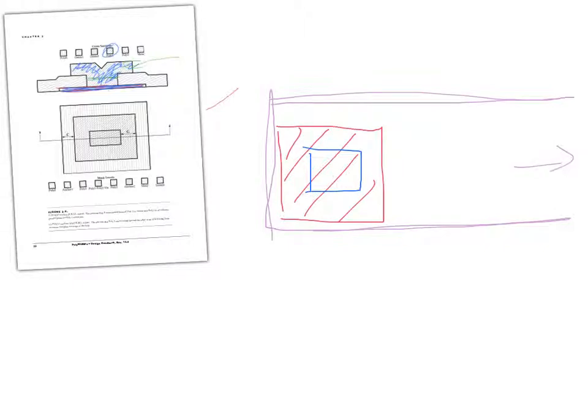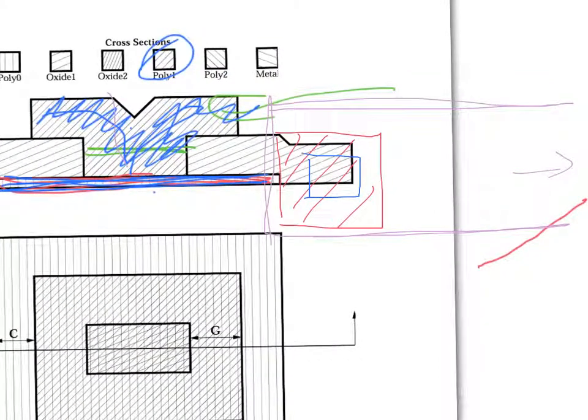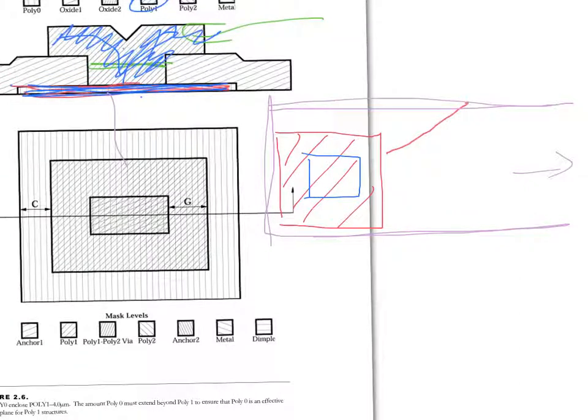Okay. So what's that going to look like when you look at it from the side? Well, it's going to kind of look like this. Right? Kind of hard to see. Okay? It's going to connect. So the purple is going to connect to the red through the hole you made in the blue. Okay, so what does that mean? Okay, poly 0 structure is your pad.